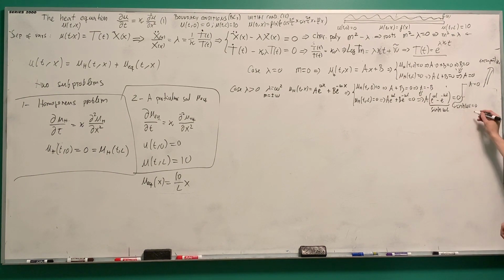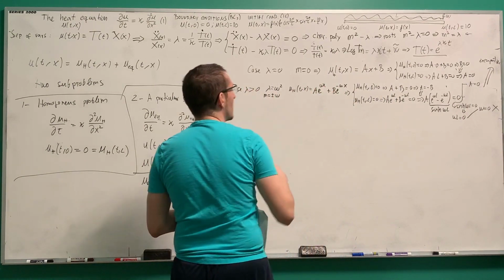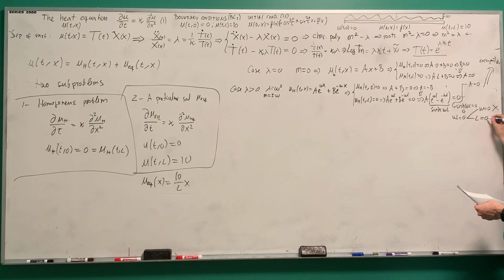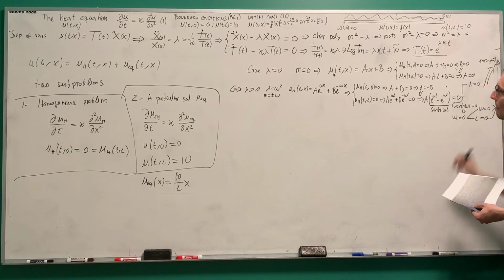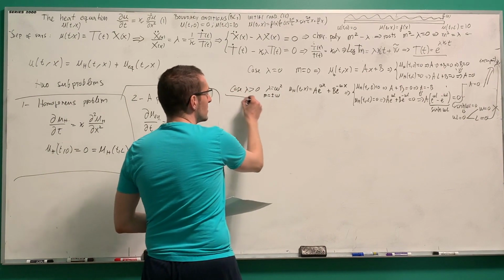But the only possibility for that is that omega L is equal to 0. So either omega is equal to 0, which is not only incompatible but inconsistent, because we're in the case that lambda is greater than 0, what we call case 2. The other option is L is equal to 0, which is incompatible with our problem. Incompatible. That we knew because we've done it before. This is just a repetition.